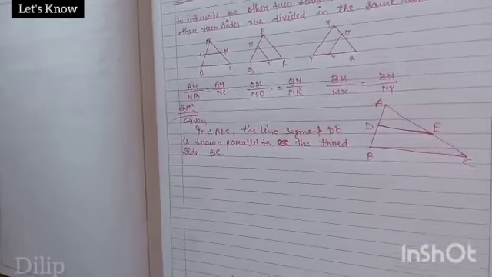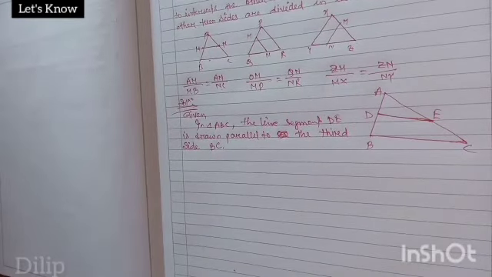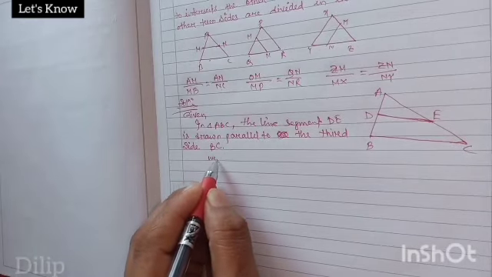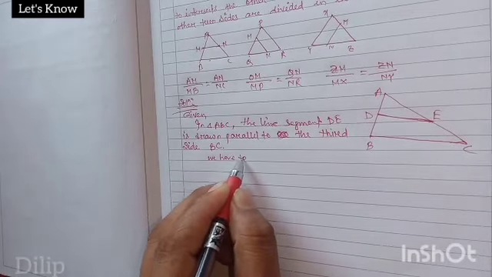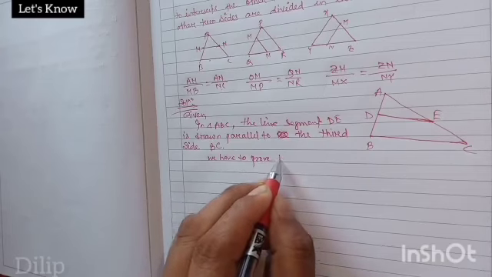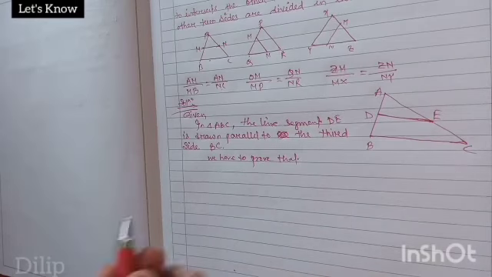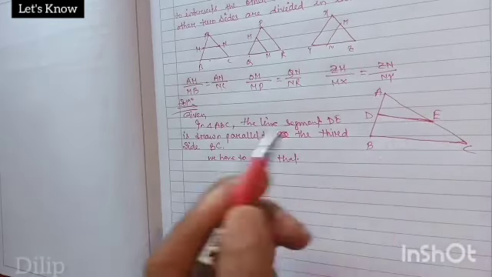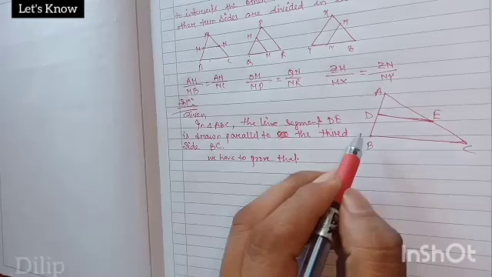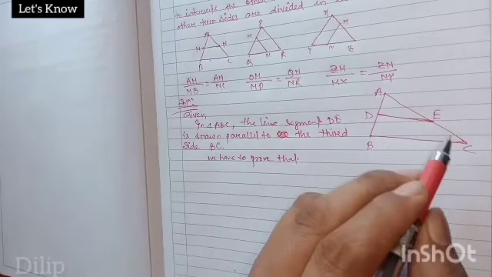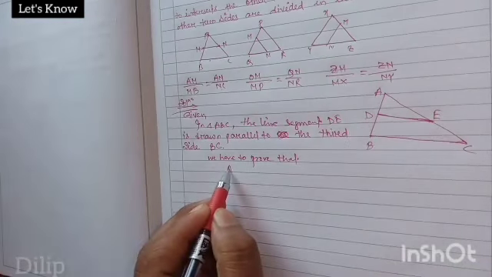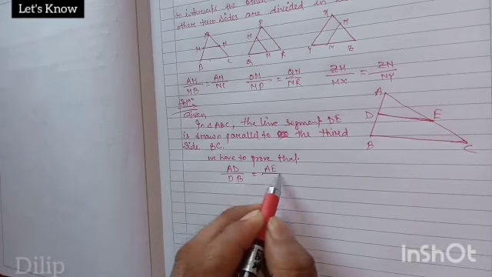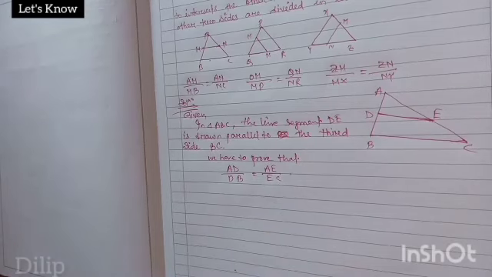Then we have to prove that, if this line is drawn parallel to this side, AD by DB is equal to AE by EC. So AD by DB is equal to AE by EC. This one we have to prove.